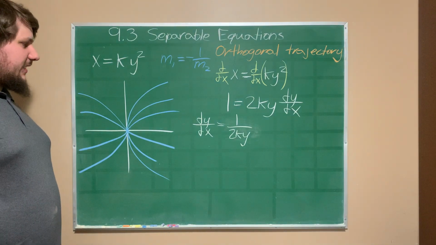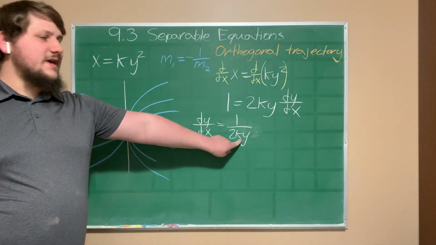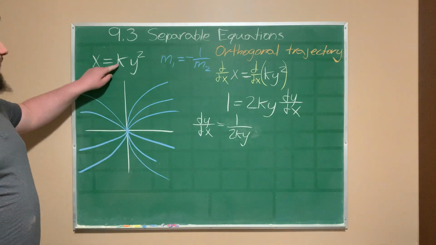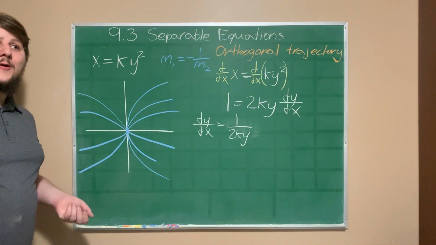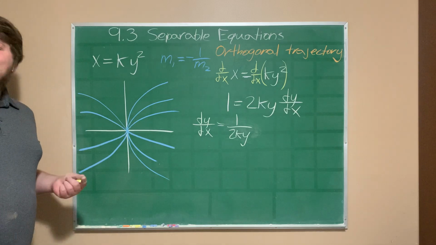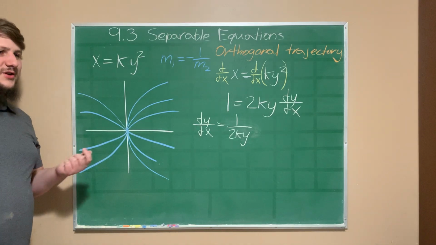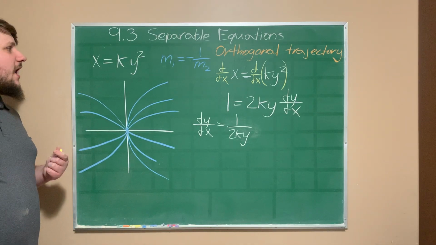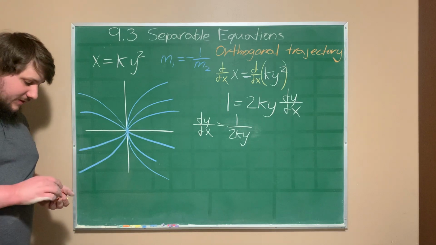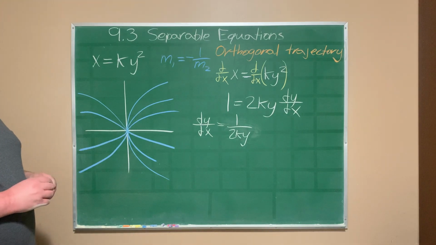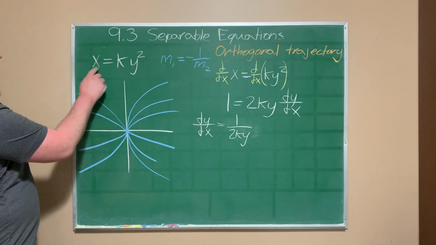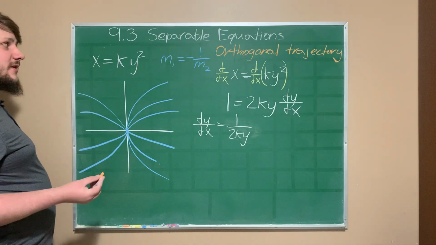Okay, so far so good. The only problem is I have this value k here, and k, as we said before, can represent any arbitrary constant. And so I can't really solve this equation effectively with this value in there. Instead, I'm going to need to find something to substitute in for k. And the good news is that I can actually solve for k in this equation to make that substitution.